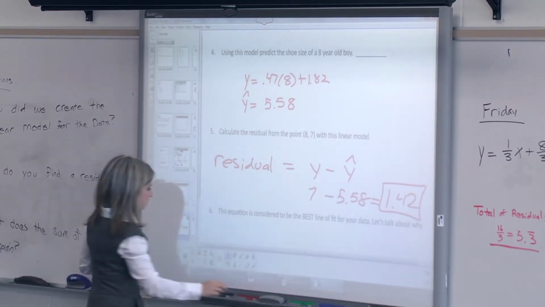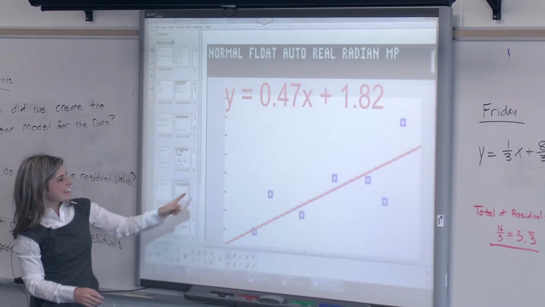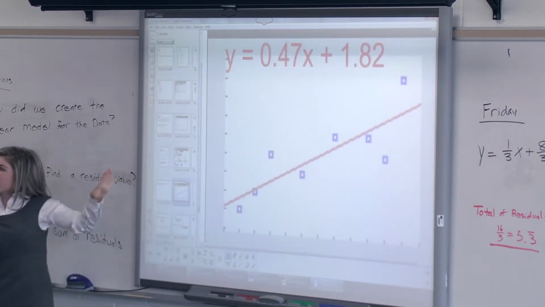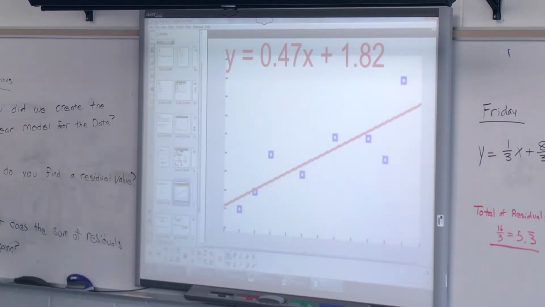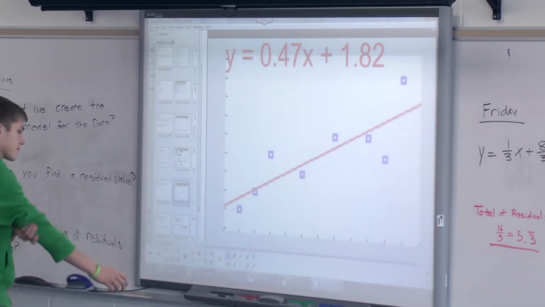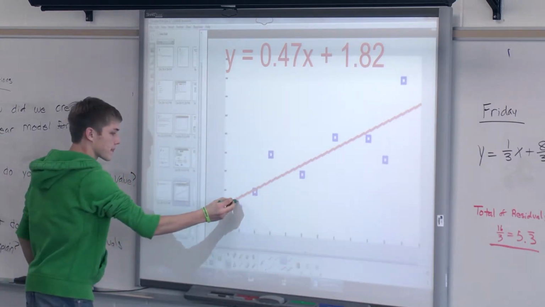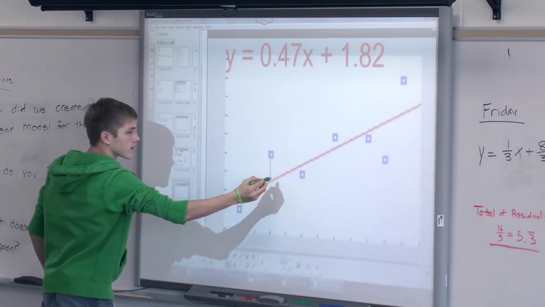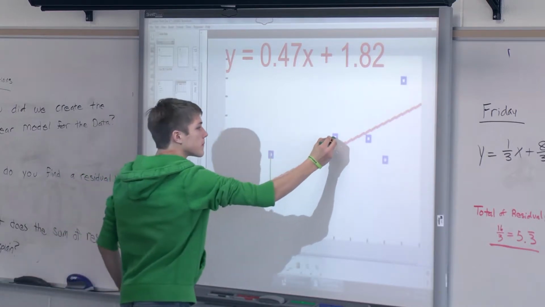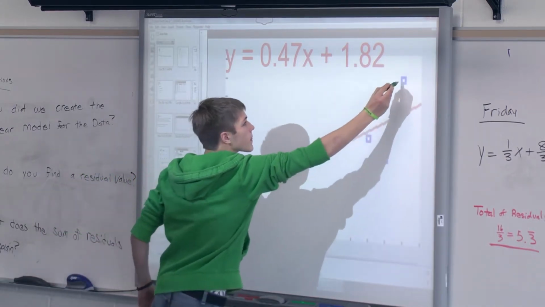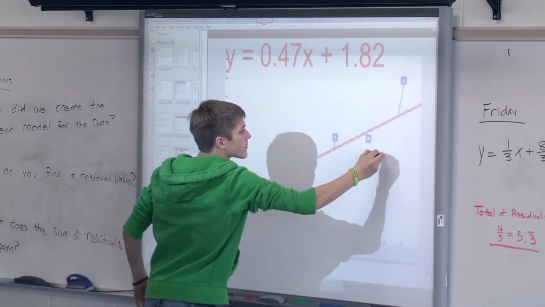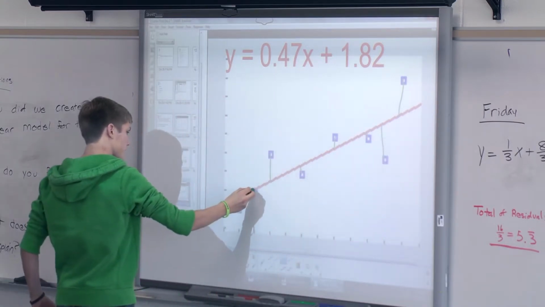Max, can you come on up here? Can you draw in, not tell me the number values, but can you draw in the actual residuals for each data point? That is perfect.